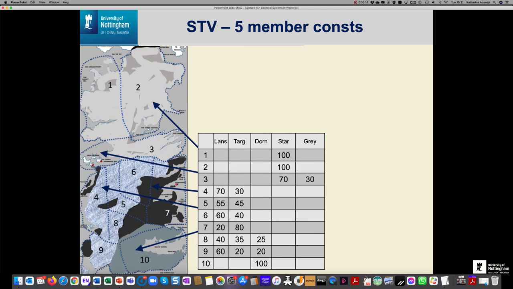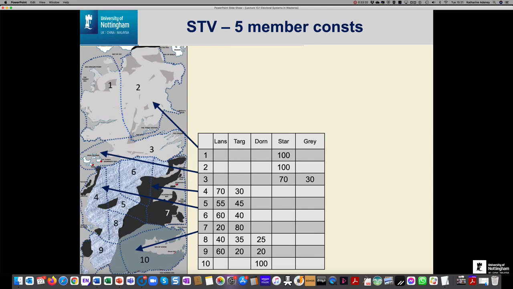As with alternative vote, voters can express preferences between the candidates. But unlike alternative vote, the candidates don't require a majority of the votes to be elected. If you think about it, 100 divided into 5 is 20.